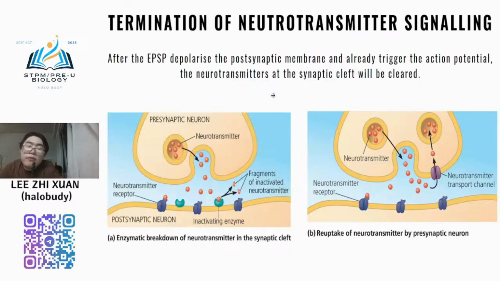And then after the neurotransmitter is released from the presynaptic neuron, the neurotransmitter cannot always be maintained in the synaptic cleft.